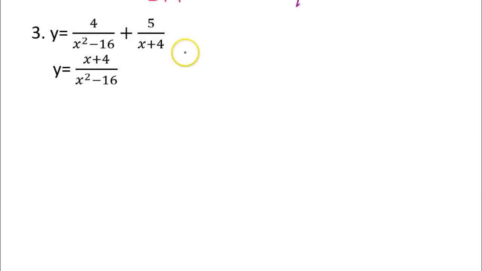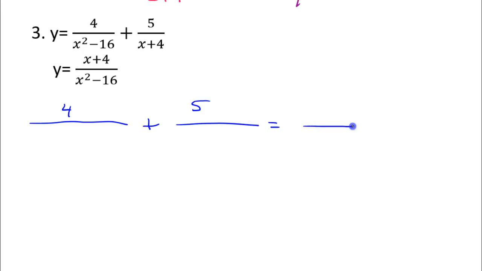Alright, number 3. Let's set these two equations equal to each other. So that means I'm going to have the top equation, which is 4, then I got this 5, and that's equal to x plus 4.